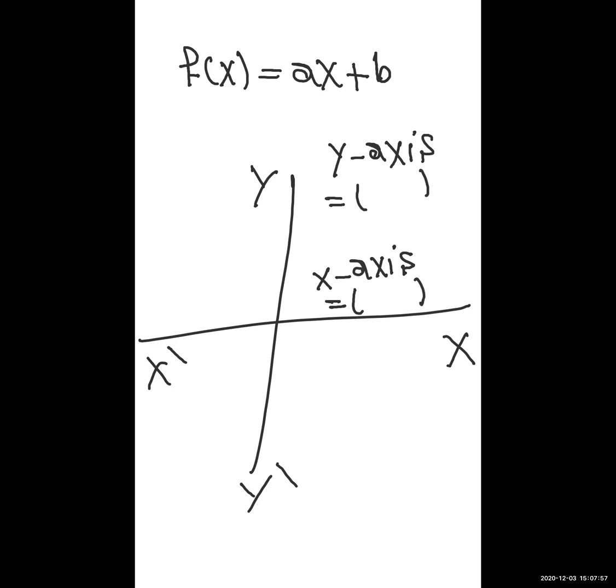Of course, a point has 2 coordinates. So it intersects the y-axis at the point 0 and b, because this is the intersection point with y. So it's a point on y. Do we have an x coordinate here? No. So it's 0 and b. So if this one is x plus 5, the intersection point 0 and b will be 0 and 5. Yes, of course. Are we clear now?